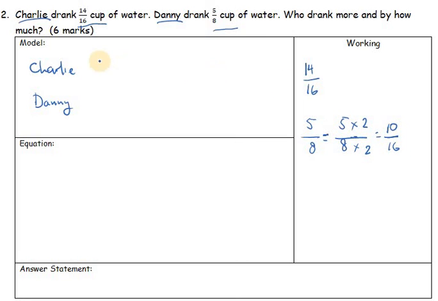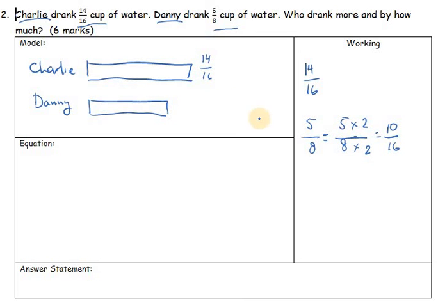So Charlie will have a longer bar compared to Danny. Let me just draw. I think it's about here. Okay, so Charlie is 14 out of 16, and Danny is 5 out of 8, and then I need to write down out of 16. I have the same denominator, which is 10.